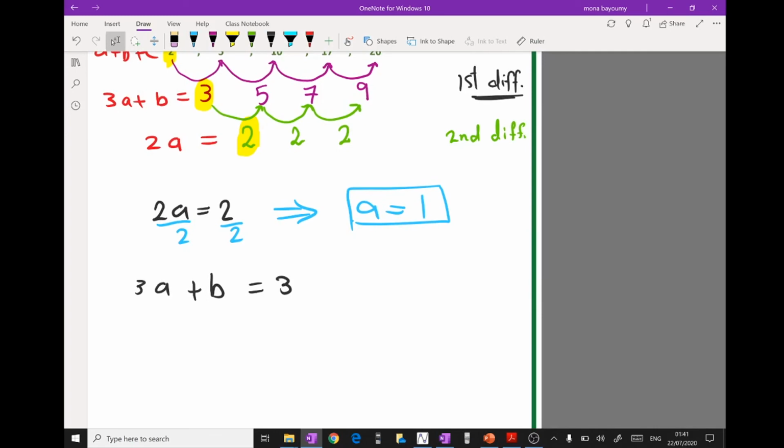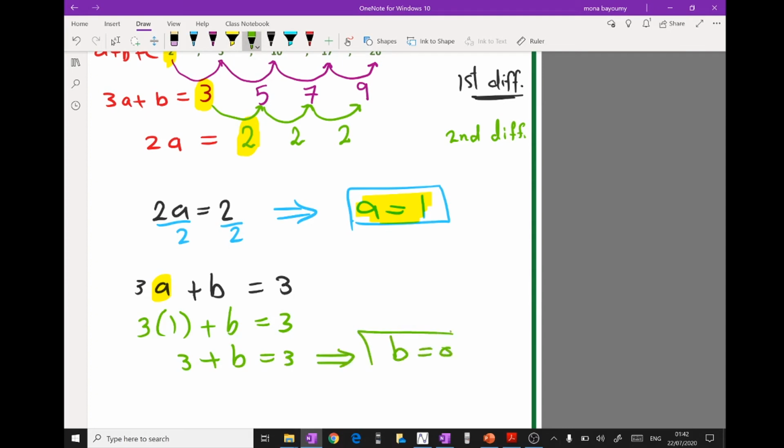I will substitute a by 1. So the new equation will be 3 times 1 plus b equals 3. 3 plus b equals 3. This means b equals 0.